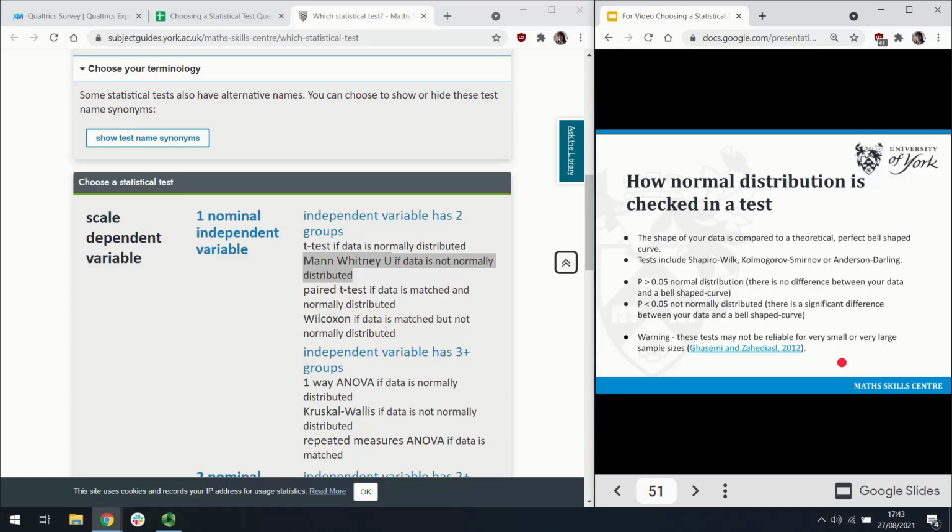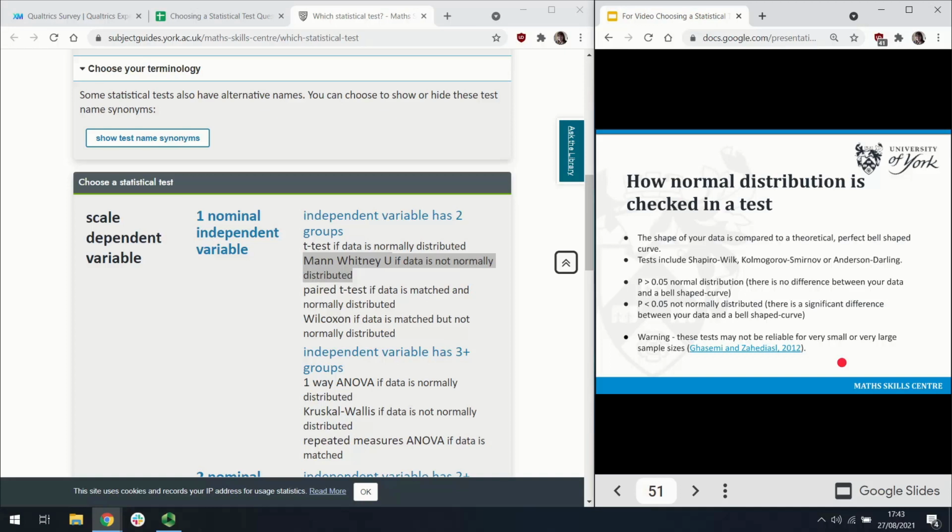Well, we don't like to put numbers on them, but if you had less than, say, 10 data points, it might not give you a sensible p-value. Very large, some people say if it's over 30, other people say if it's over 50, then a normality test isn't the best way to check for normal distribution.